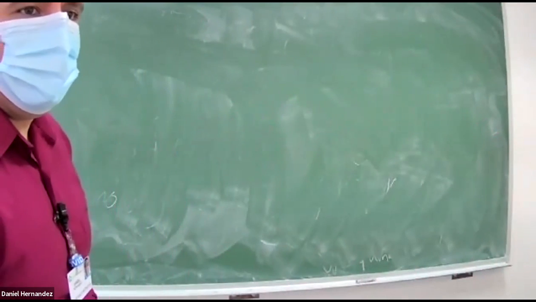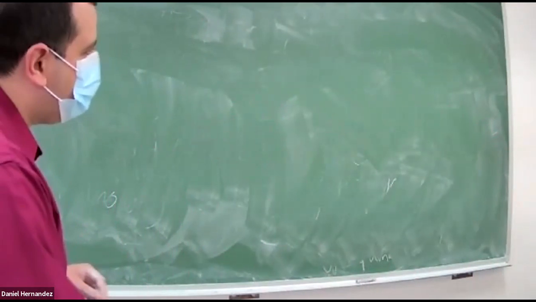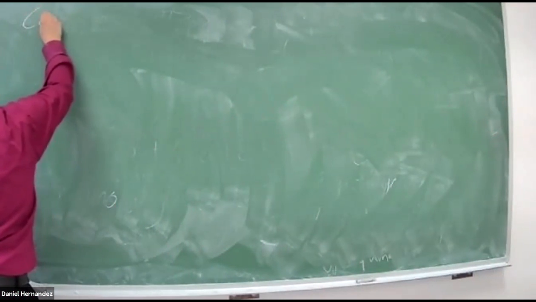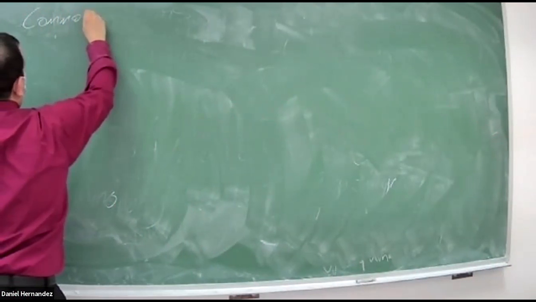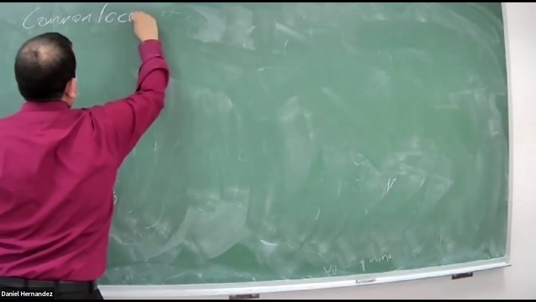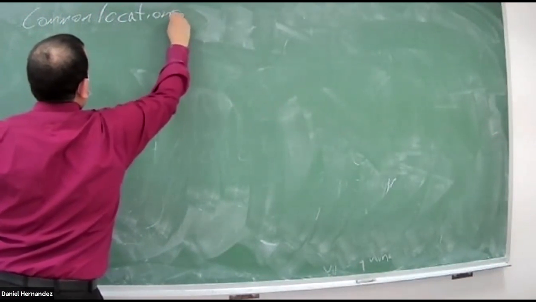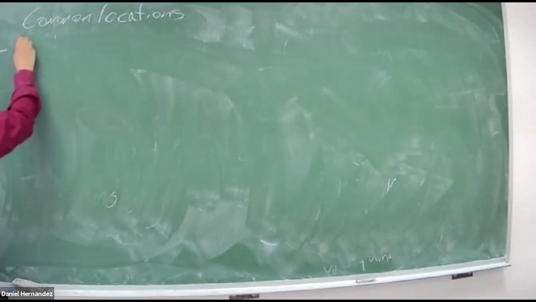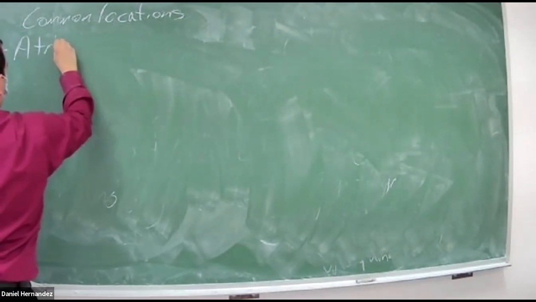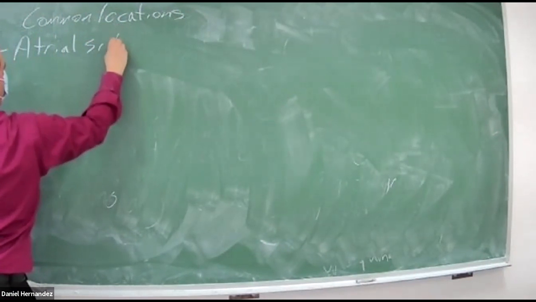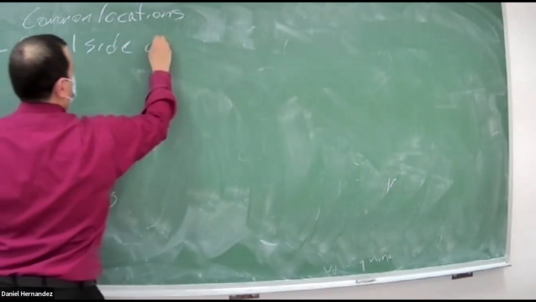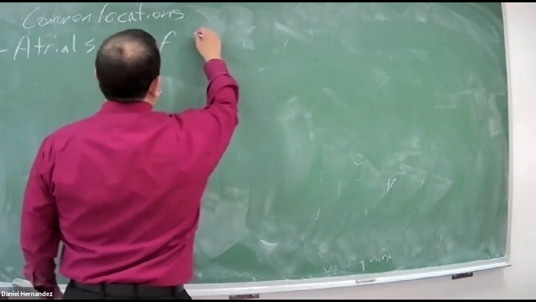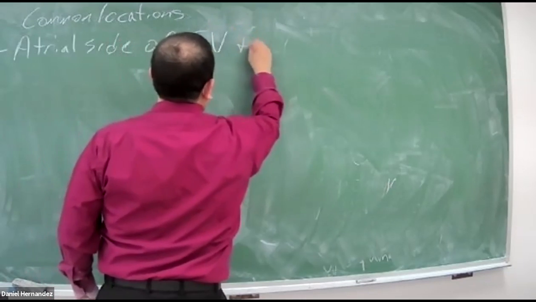So then again, we talked about the common locations. On the atrial side, the tricuspid and mitral valve.